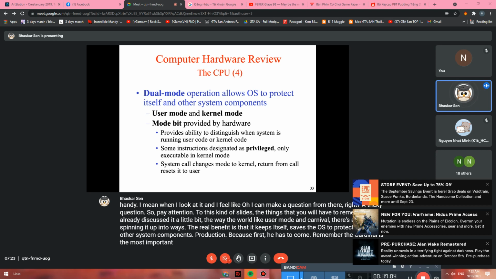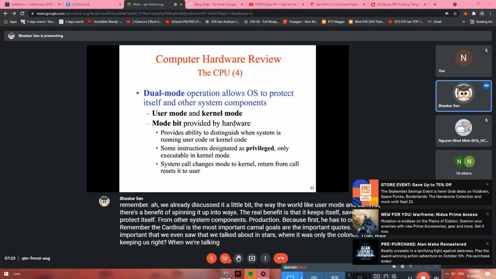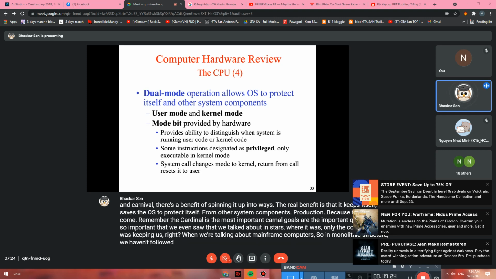Kernel code is the important code. It's so important that we even saw when we talked about MS-DOS, where it was only the kernel that was given to us, when we're talking about mainframe computers. So in monolithic structure, we haven't followed any structure yet, right? It will come up later.